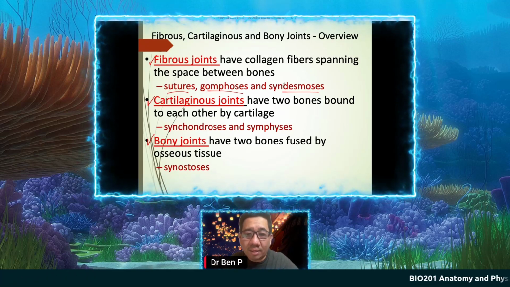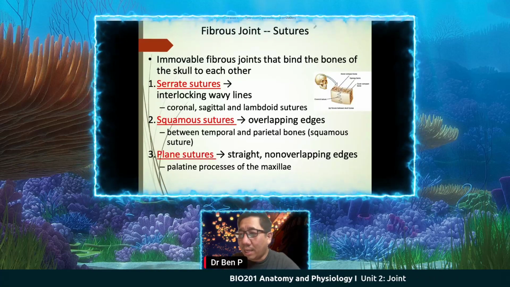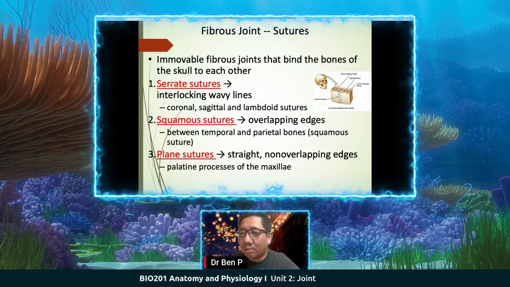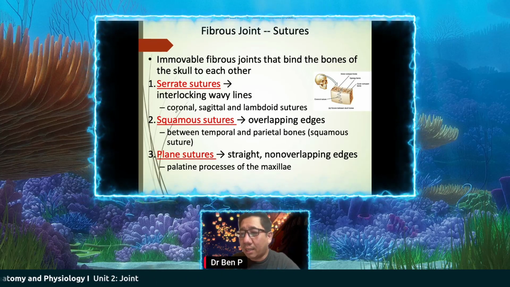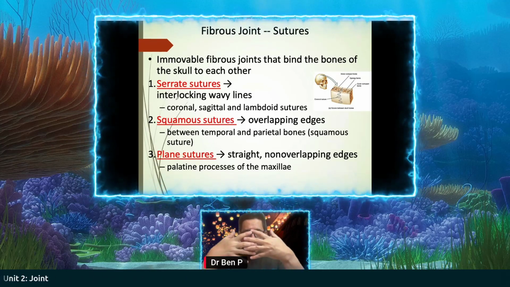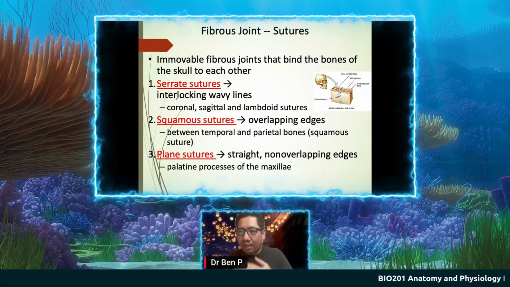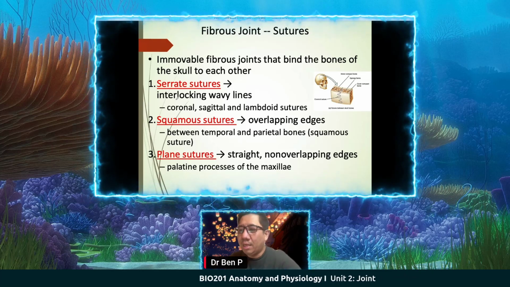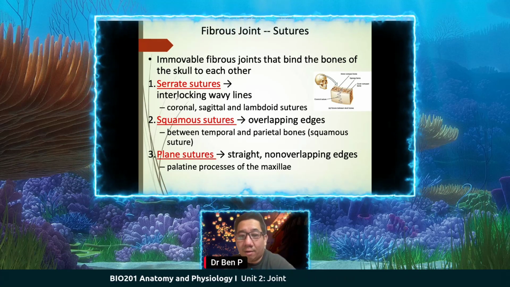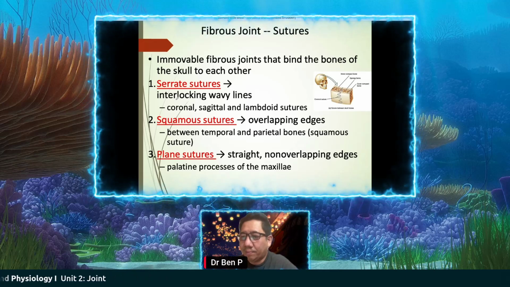You need to know the differences between the three. The suture breaks down into subtypes. You have the serrate type, like interlocking, think of your fingers coming together. That's the serrate type. Then you have the coronal, sagittal, and lambdoid sutures. That's three of the four of your skull sutures: coronal, sagittal, and lambdoid.